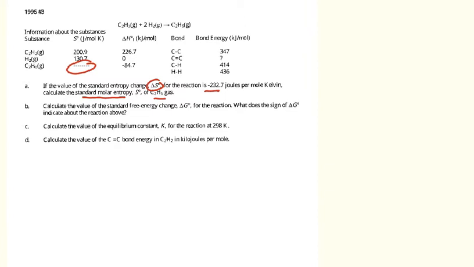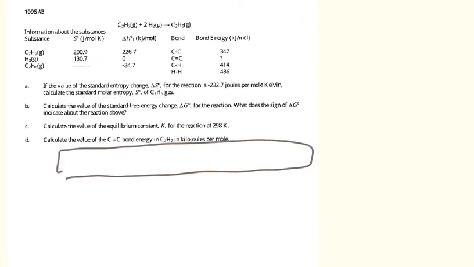So you can see the delta S is equal to the sum of the entropies of the products minus the reactants. When I plug that in, we know the delta S of the overall reaction.